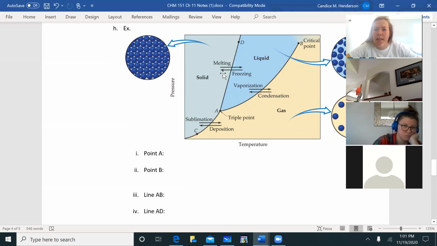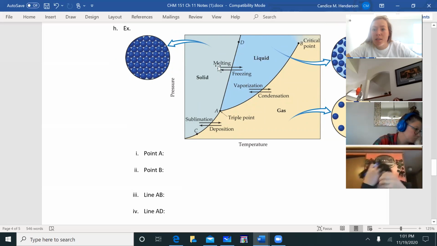We wouldn't expect to find any gas over here. And again, this is while the phase change is happening, both of them are existing. Also note when we're phase changing, we don't see a temperature change. And then A and C here, this is where we would have solid and gas, so direct sublimation or deposition happening. We wouldn't see any liquid along this line.